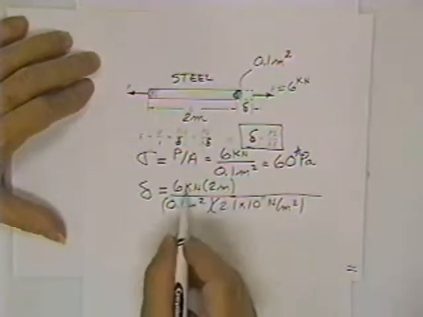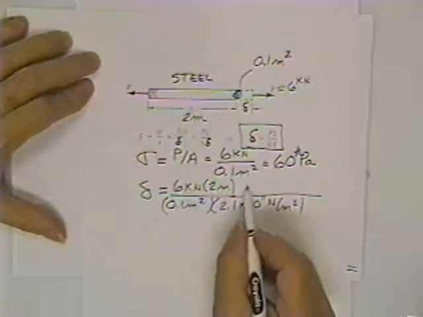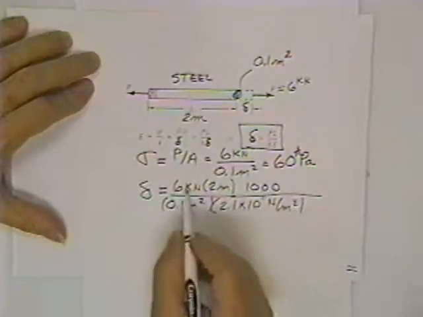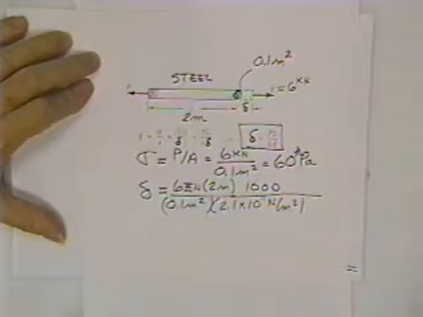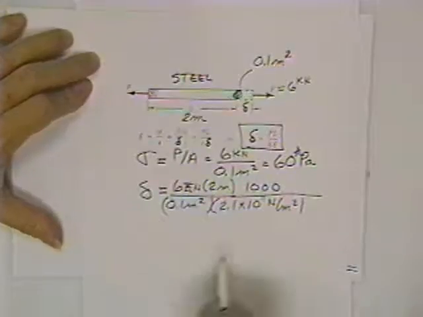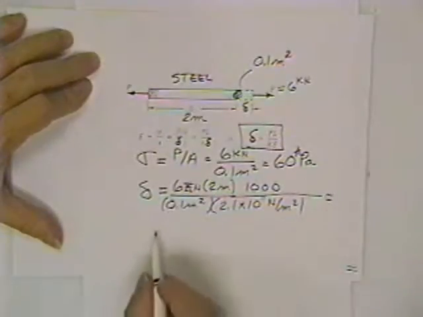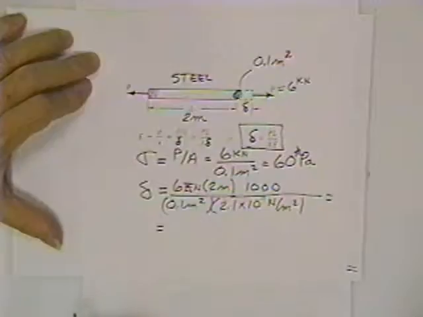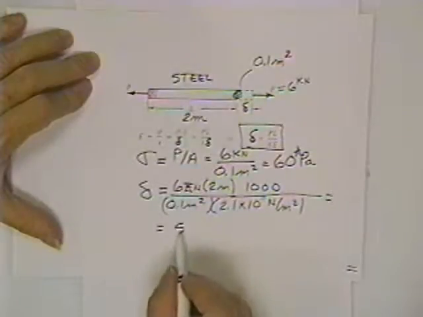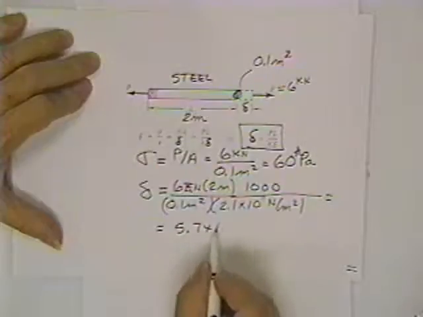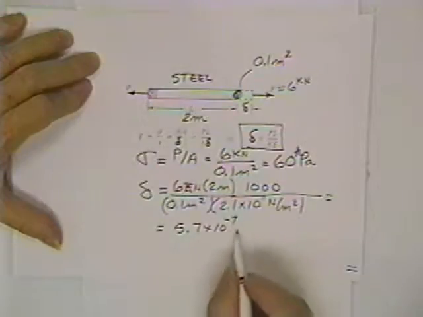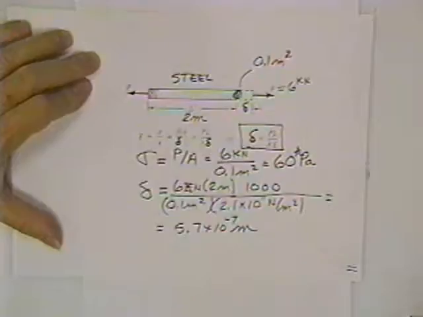And I guess before I get in trouble again here, I better change that 6 to 6,000. So I've got it in newtons, 6,000 newtons. And then whatever that works out to, that would be how many meters it gets longer. You got a number for me? 5.7 times 10 to the minus 7 meters.